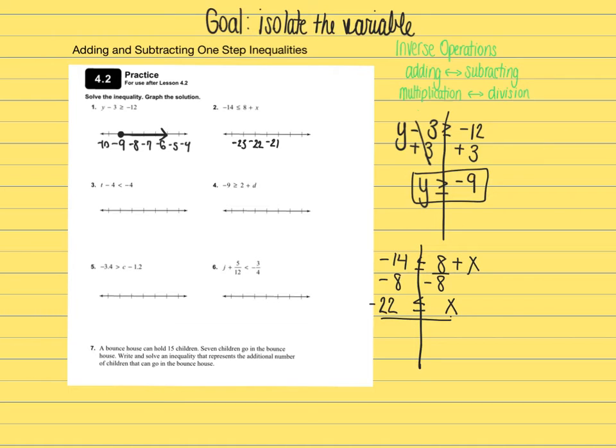If I go back over here to my problem, I see that there is an equal sign underneath there that tells me my circle is going to be closed. I read that problem as x is greater than or equal to, so I need to go in the direction of your greater than, and that'll work.